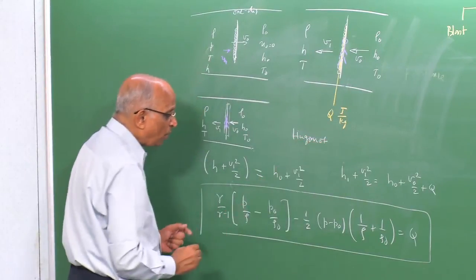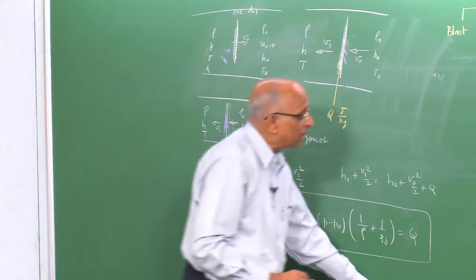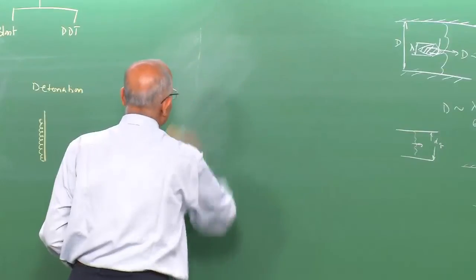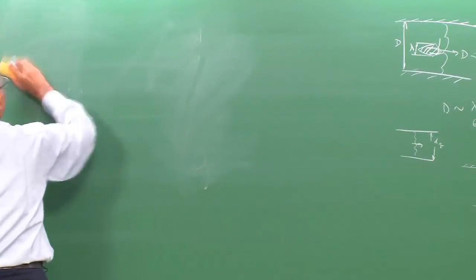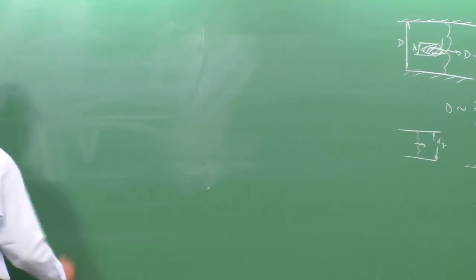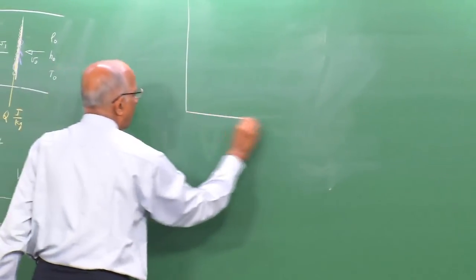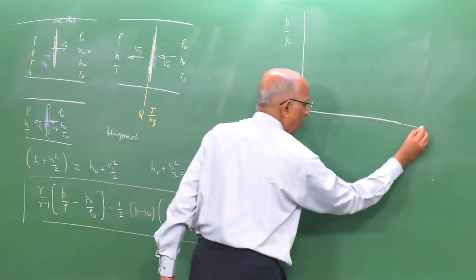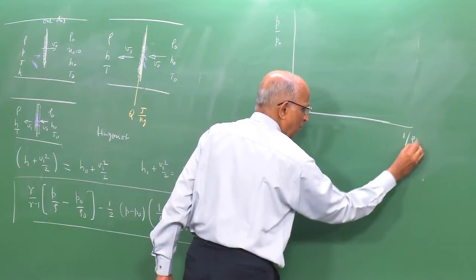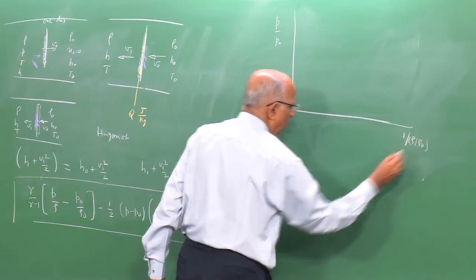And what was the plot of a Hugoniot like? Let's plot it again. The plot of the Hugoniot was p by p0 as a function of the volume ratio, that is 1 over rho by rho0.